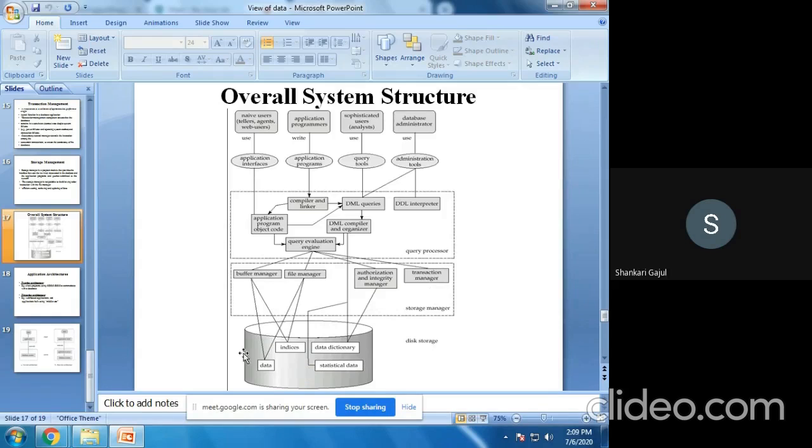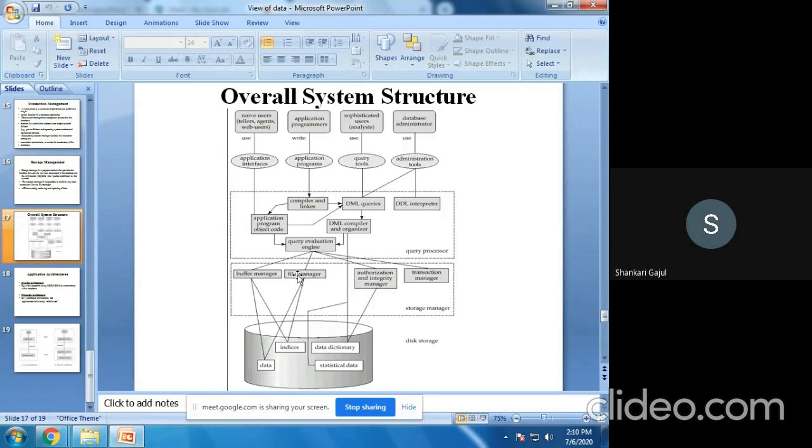So what about the file manager? The word itself defines it. The file manager manages the allocation of space on the disk storage: how much memory is required, what kind of space is required for a given operation.